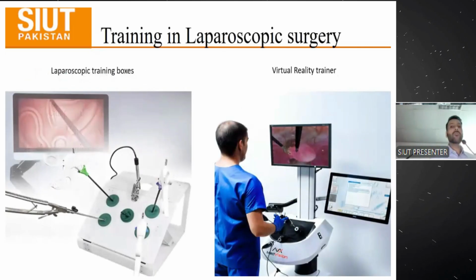So how do you train in laparoscopic surgery? As you might know, we do have the skill lab in our hospital where we have instruments like the box trainers and the virtual reality trainers. All the residents here who aspire to become a laparoscopic surgeon should always complete their hours on those laparoscopic trainers.